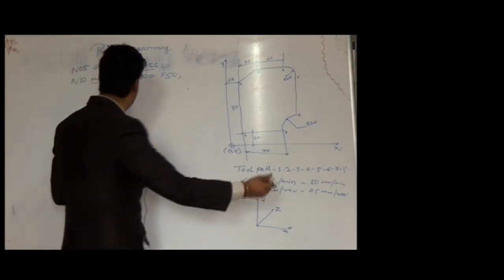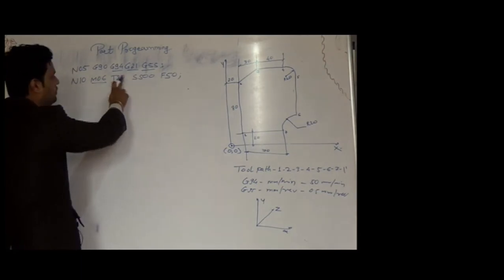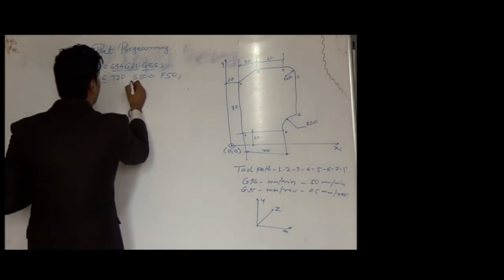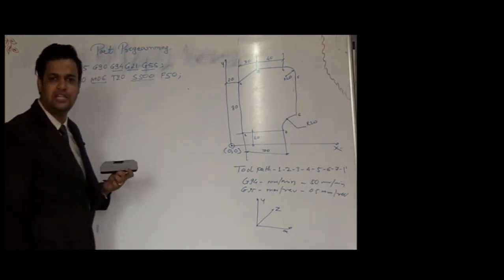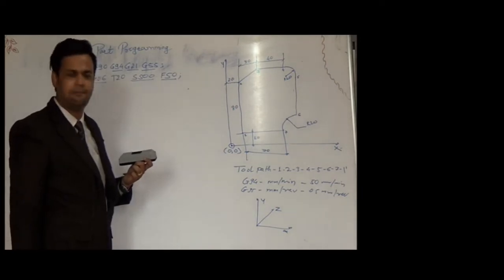So M06 is for tool change, T20 is for the tool number where the tool exists. Then S500 is the RPM of the machine, and F is the feed in mm per minute.